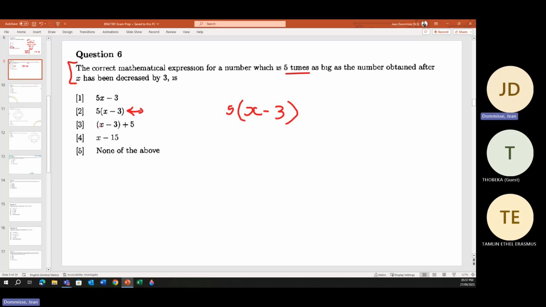Okay, so that is also fine, the x minus 3, but instead of 5 times, they said plus 5 or 5 more. So not the times that they're saying, but if that was a multiplication, it would have been exactly the same as option 2, but not just adding 5.